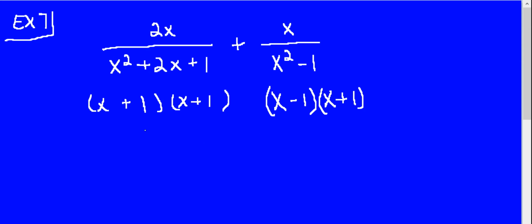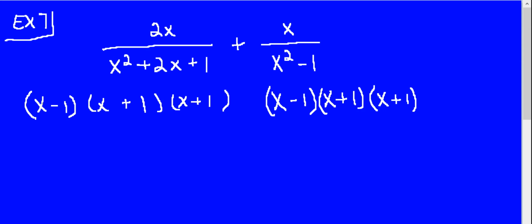So it looks like all I have to do is multiply this left side by x minus 1, because I don't have an x minus 1. And then I'm going to multiply the right side by an x plus 1, because I'm missing 1. So when I check this out, I've got 2 x plus 1's, and I got 2 here and 2 there, and 1 x minus 1.